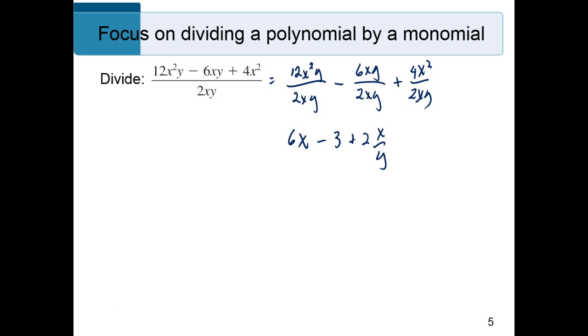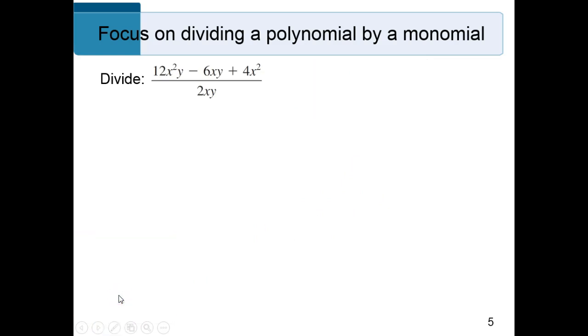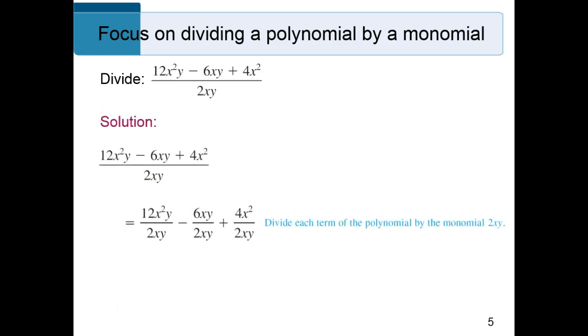Anyone still needing help? Well, hang on because you're going to watch them do it too. Let's see if they do it any differently. I guess not. You start off by splitting it out: 12x squared y over 2xy minus 6xy over 2xy plus 4x squared over 2xy.